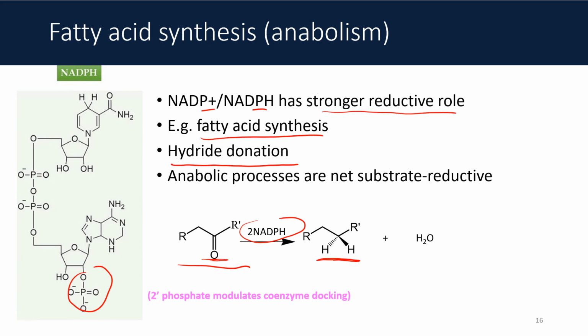And this is a subtle point, but you may wonder, well, how is biology this organized? How does it know that NADPH is reserved for reducing substrates and NADH is reserved for powering ATP synthesis machinery? And the answer is it comes down to this phosphate that I mentioned earlier.